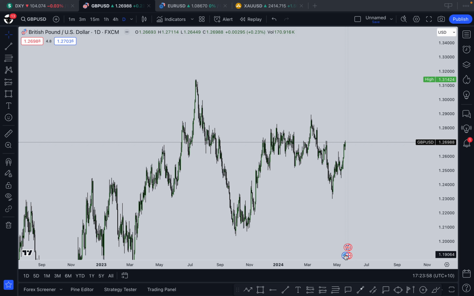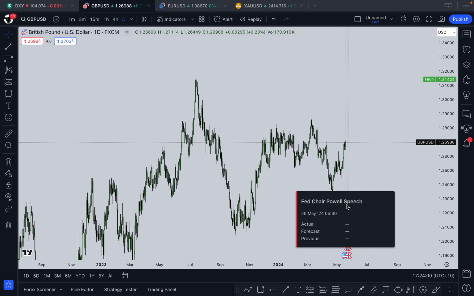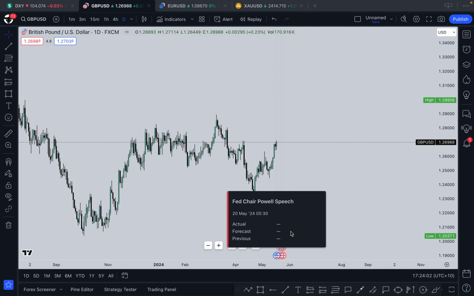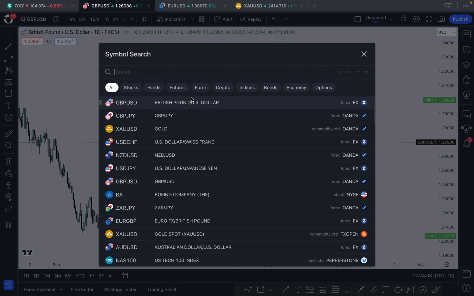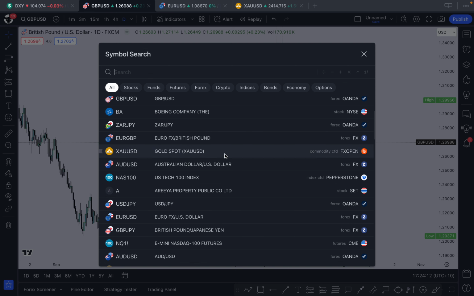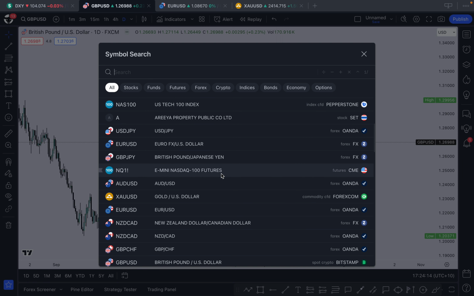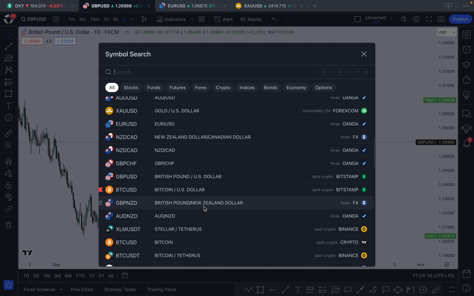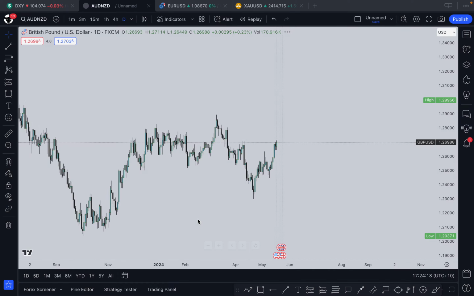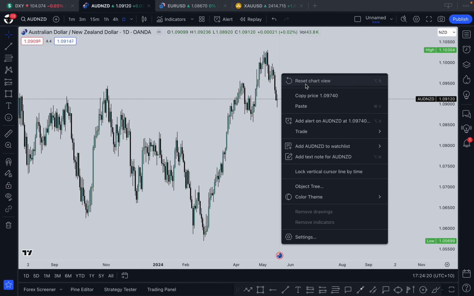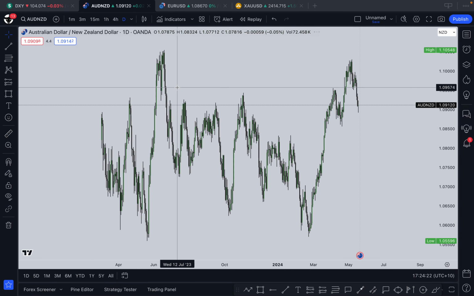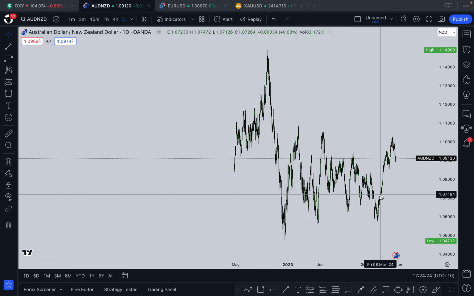But yeah, it's just a little bit hard with this Fed Powell speech. So this is red on TradingView, so I just use this. But yeah, let's see what other pairs we have. Nothing really we have looked at. I was looking at AZ or AN. This thing moves pretty nice.